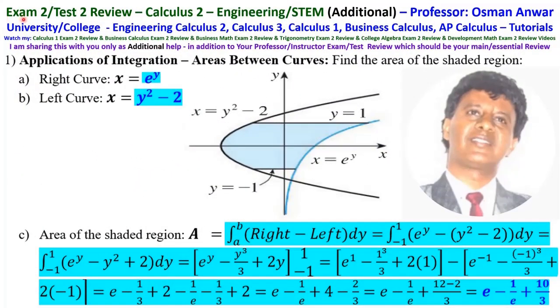Again, this is Calculus 2 Exam 2 review. It is a review in addition to your professor instructor exam review. It is good review or tutorial for students in engineering Calculus 2, Calculus 3, Calculus 1, Business Calculus, and the AB Calculus, that is a high school.